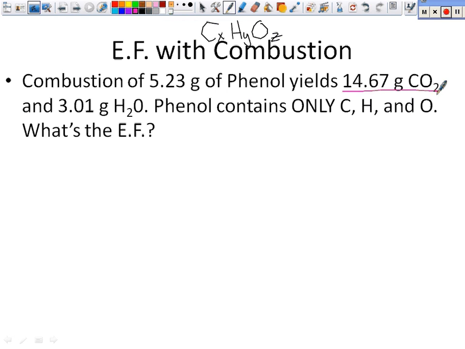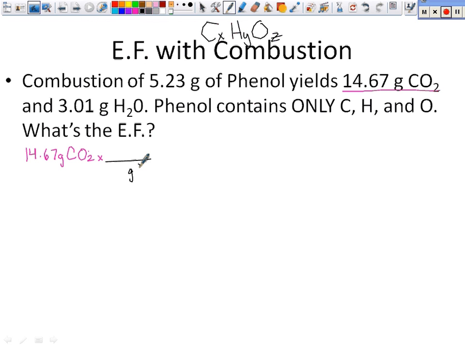True? So what do you have to do? Of that 14.67 grams, I want to know how much of it is what exactly? Carbon. All right, so I've got 14.67 grams of carbon. True or false? True. Yeah, thank you. Carbon dioxide. I'm going to make life really easy for you guys. Do you agree that grams of CO2 would go on bottom?